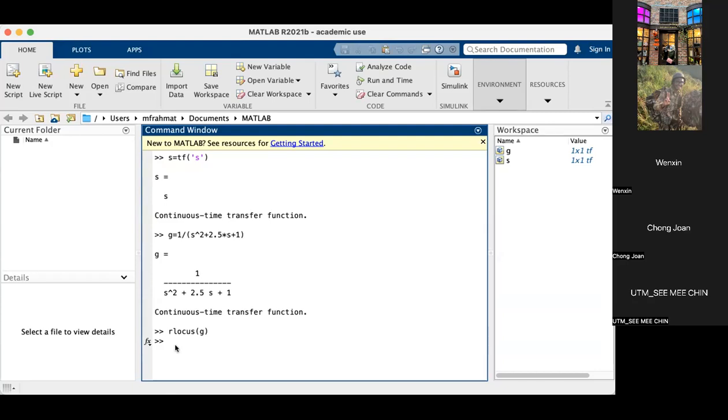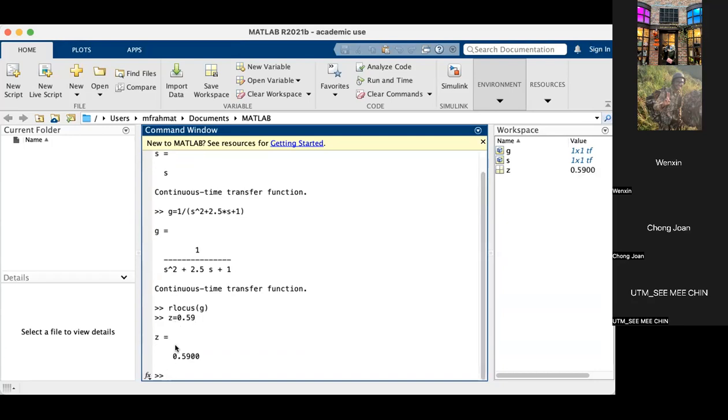Hold on, I scroll back my notes. Oh, there you go. The 0.5. That's great.